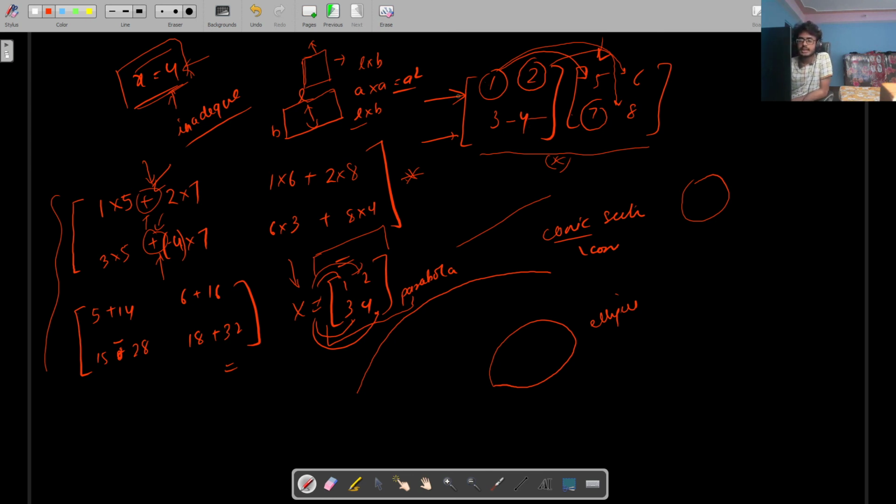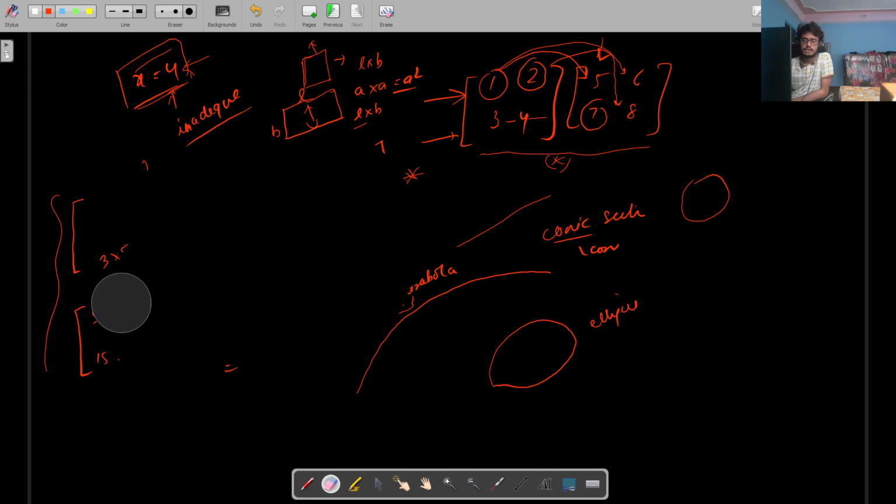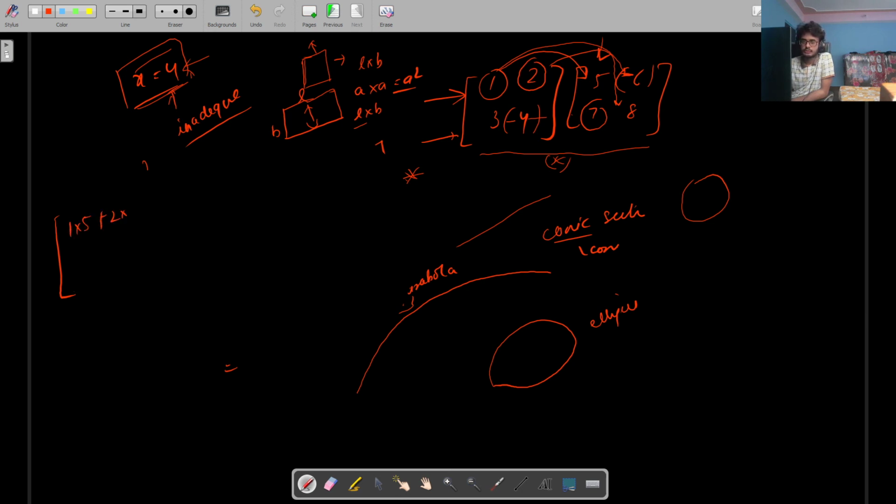If the numbers are negative, say if I give you an example like this, I'll solve that. If I have minus 4 and minus 6 in this place, what will we get? We get 1 into 5 plus 2 into 7. Then we have 1 into minus 6 plus 2 into 8.